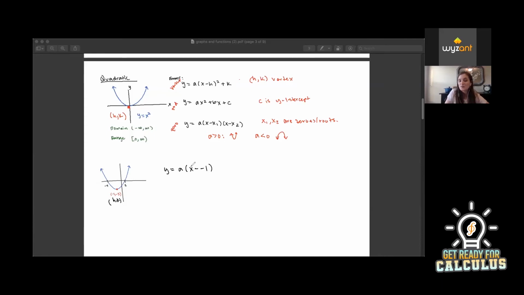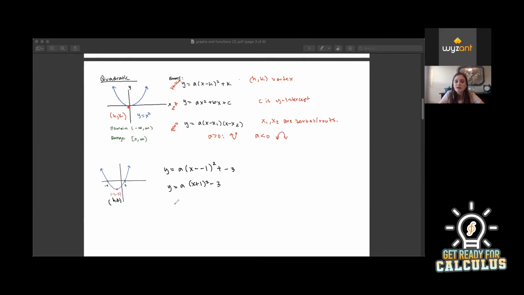We want to be careful with the signs here because a lot of students will mix it up. But h is the full x-coordinate of the vertex, so if you always remember it's x minus, then you can just plug that in and then simplify later. Squared plus, and then our k is -3. So we have y equals a(x plus 1) squared minus 3.